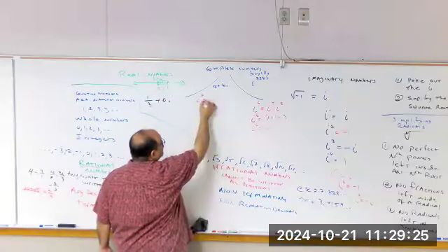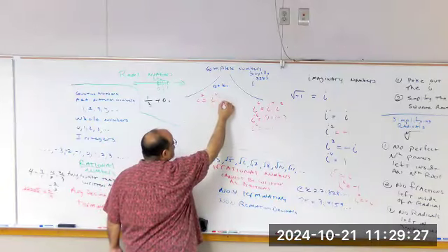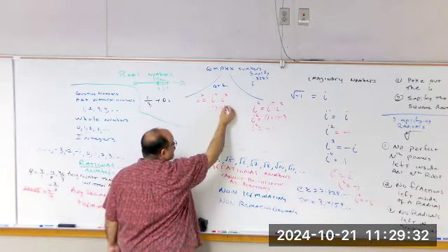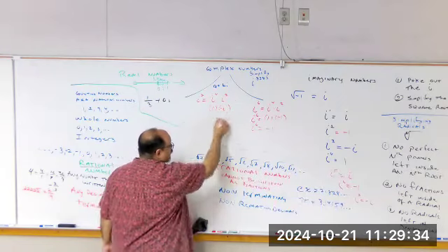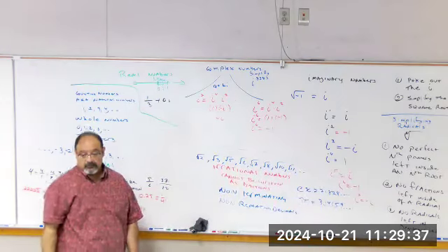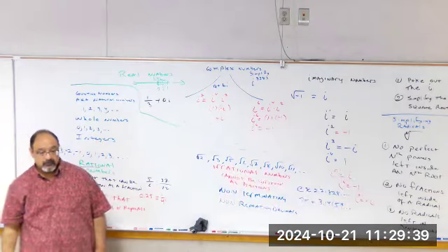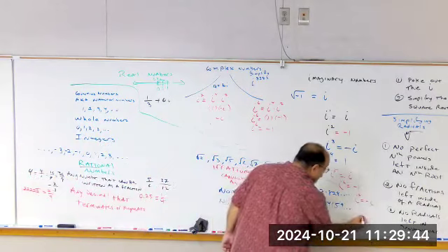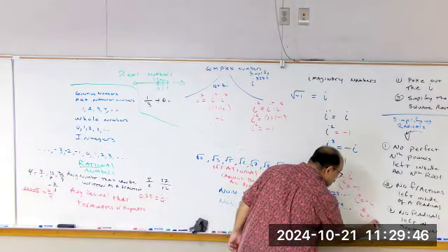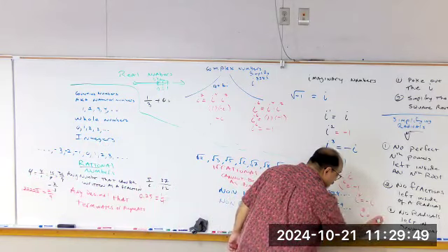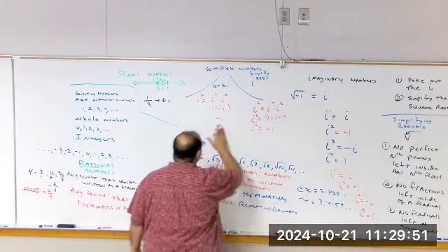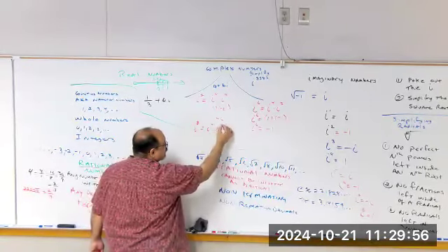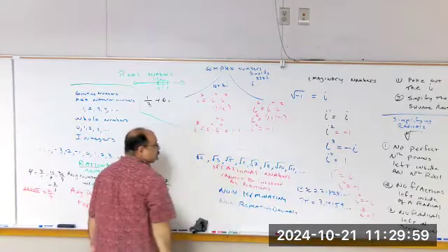i to the seventh can be written as i to the fourth times i to the third. That's 1 times -i, and 1 times -i is -i. i to the eighth is going to be 1. i to the eighth is i to the fourth times i to the fourth, so 1 times 1.